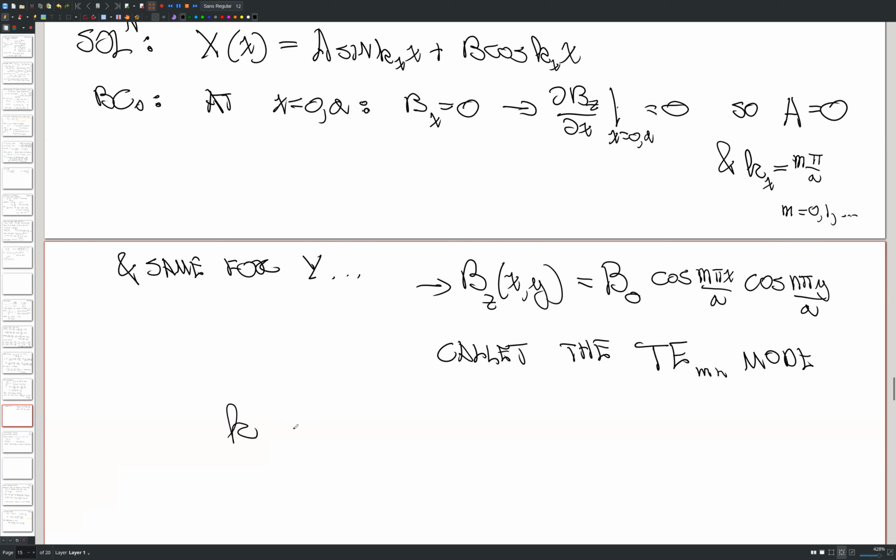So in this case, we have that k is omega over c squared, minus kx squared plus ky squared. Okay, so this is just pi squared with m over a squared plus n over, sorry, that's a b of course, n over b squared, and then square root.